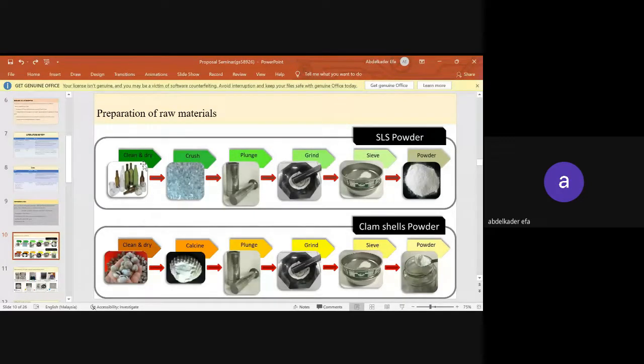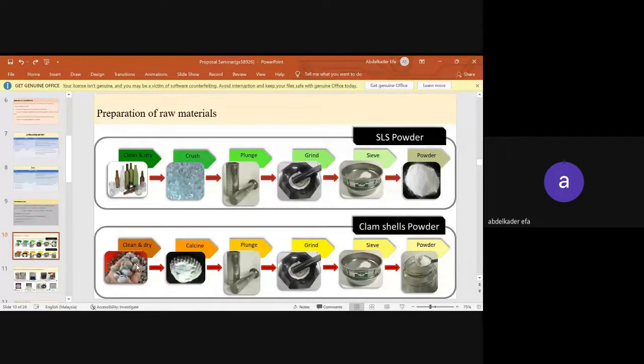To prepare the raw material, first we start with SLS. After cleaning and drying the bottle, the bottle will be crushed using a plunger and ground, and sieved to get powder sized 45 micrometer.